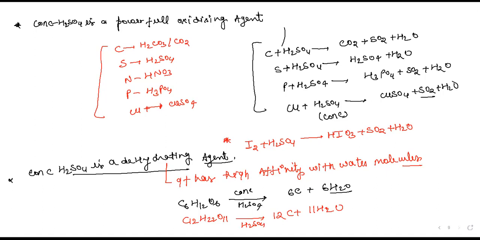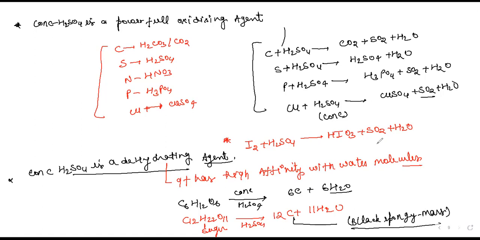So basically, sugar is converted into black charcoal or black spongy mass. That means beta, when sugar reacts with H2SO4, we will get a black spongy mass of carbon. Okay.